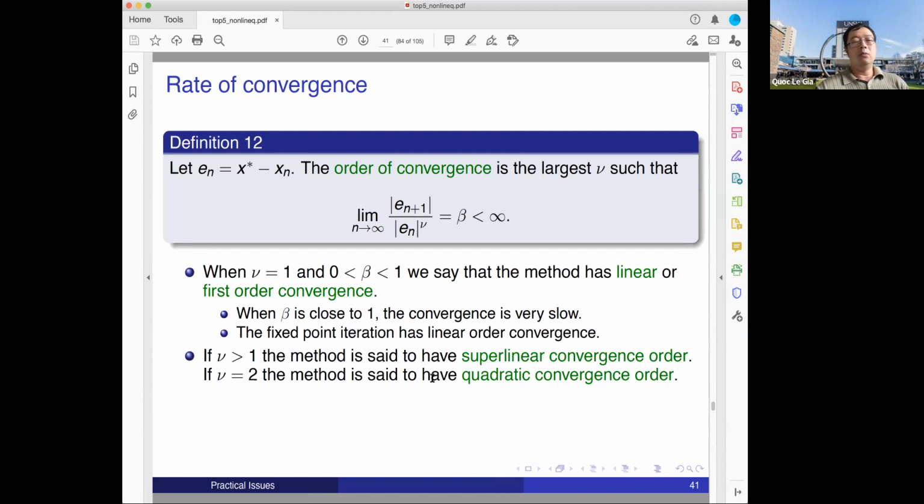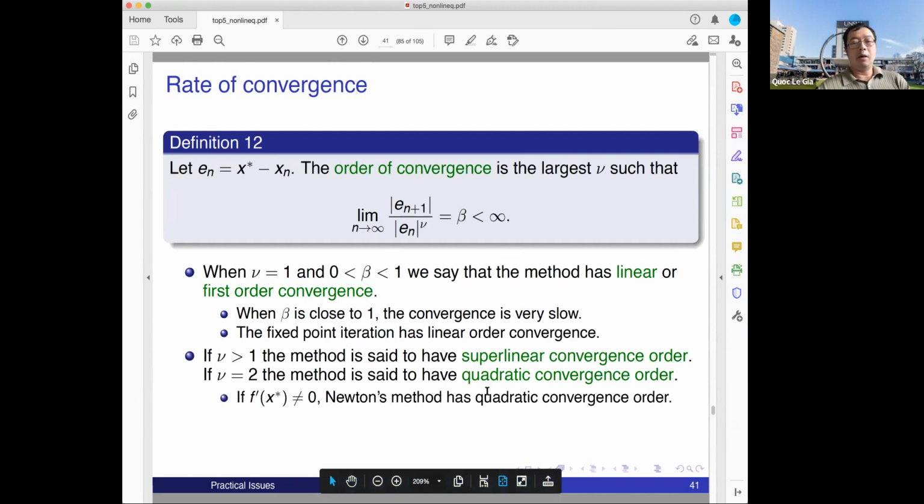And nu equal 2 is quadratic convergence order. Newton method has quadratic convergence order. Remember this condition is important: if f prime of the solution is non-zero, then the Newton method has quadratic convergence order.